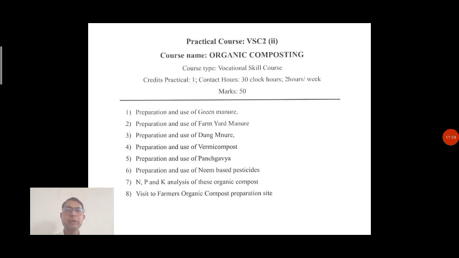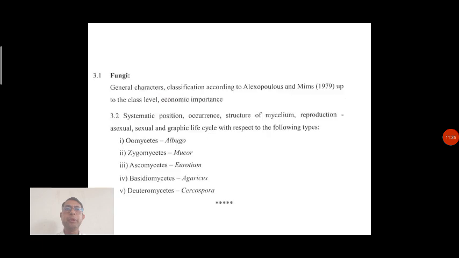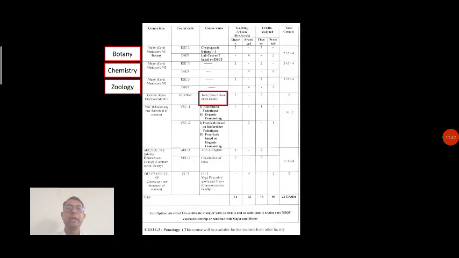So here we can say that this is the topic which we are going to cover in upcoming lectures, theory and practicals. Again I am going to repeat this syllabus. For students having botany, chemistry and zoology, each student has these 3 major subjects.